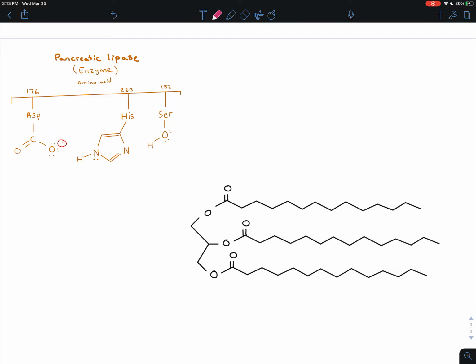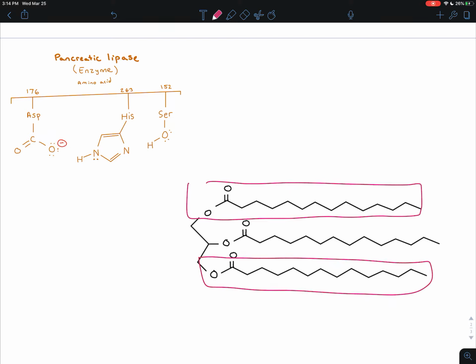And when the protein folds, although these are on different points in the chain, once they fold, they're all close together in the active site. So these are the amino acid R groups that are going to catalyze this reaction, where we're going to break this top and bottom fatty acid off of the triacylglycerol.